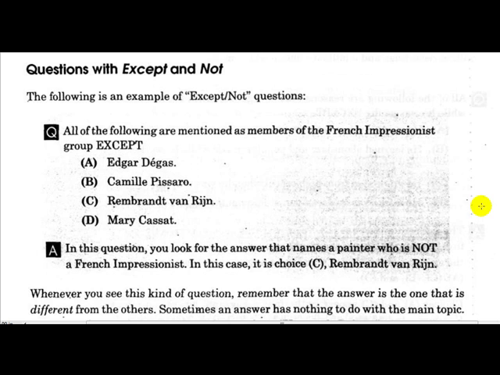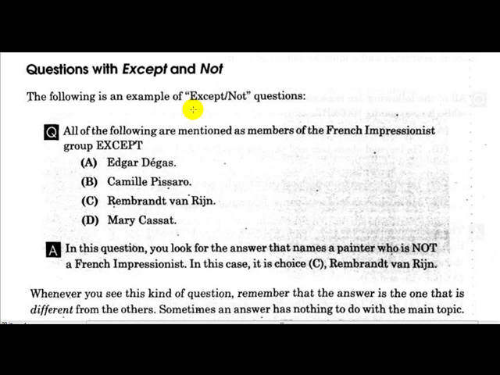You will get questions with "except" and "not," and this can be tricky. You have to be careful on how you read except and not questions, okay? "All the following are mentioned as a member of the French Impressionists group except."